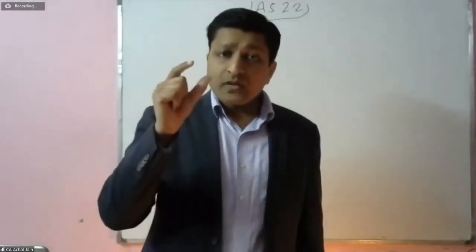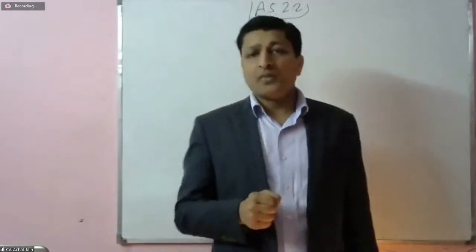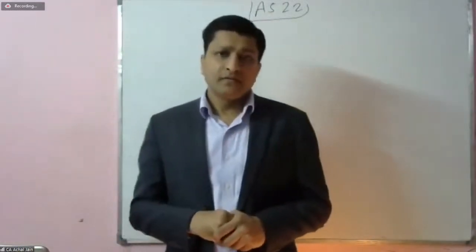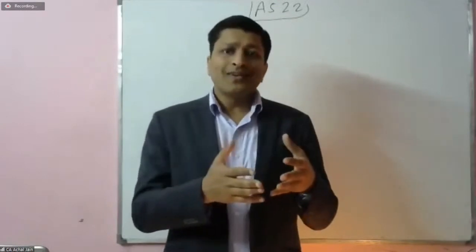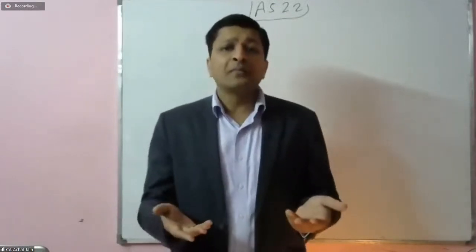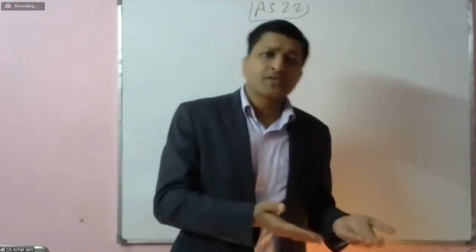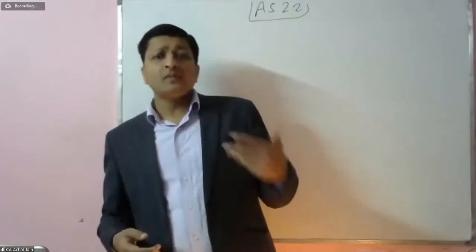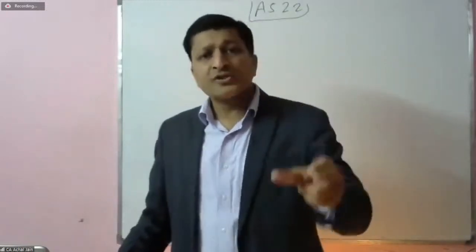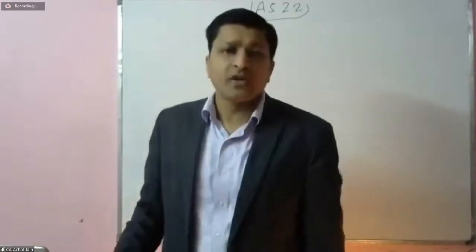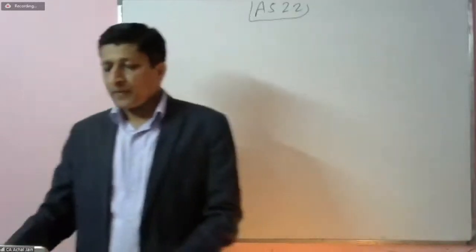Because this 140 is the retention amount and you are required to disclose this amount separately. It's about giving the breakup, which is the requirement of the standard in terms of the disclosure. So you're not repeating the number in terms of doing any calculation. You are just disclosing it once again that out of this 540, 140 is the retention amount. That's it.